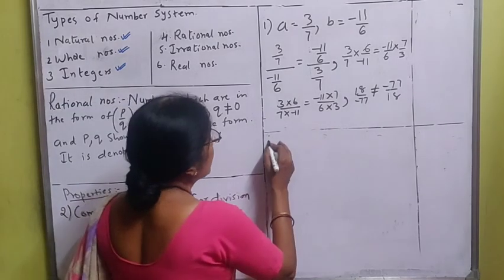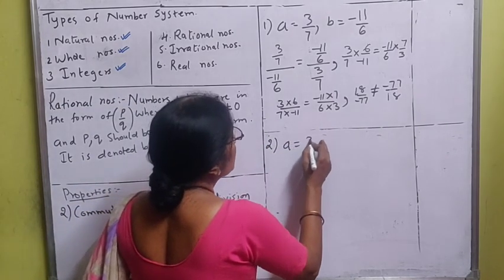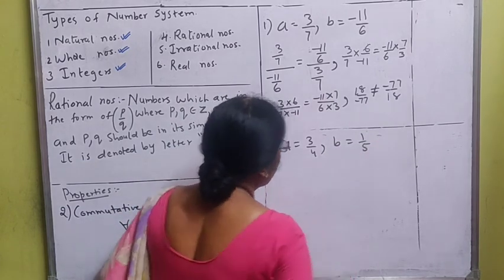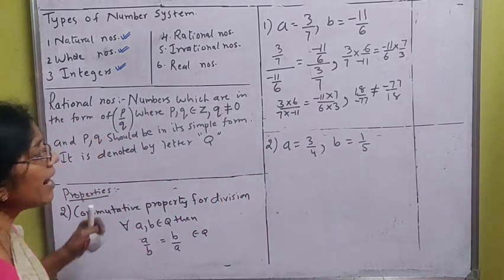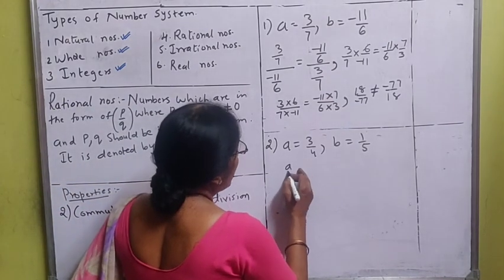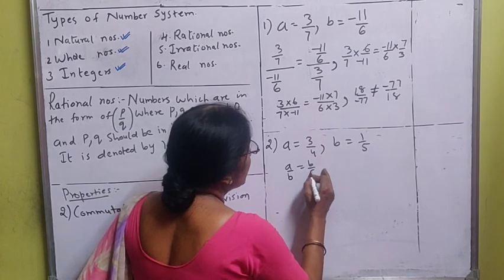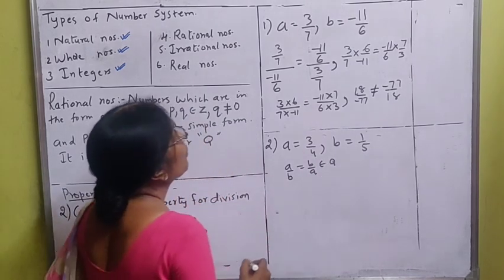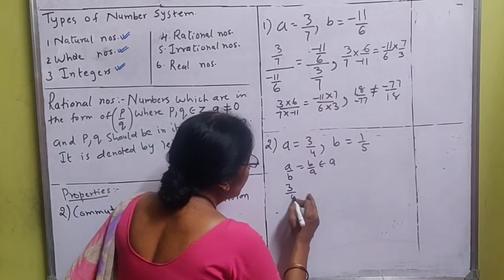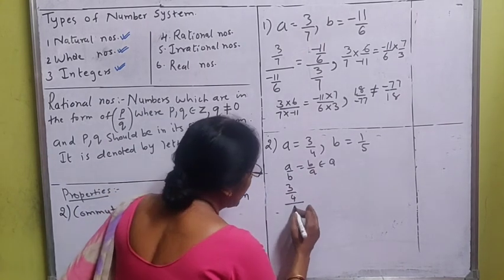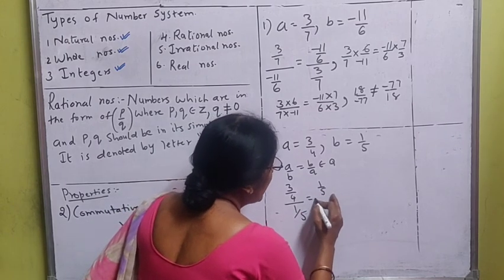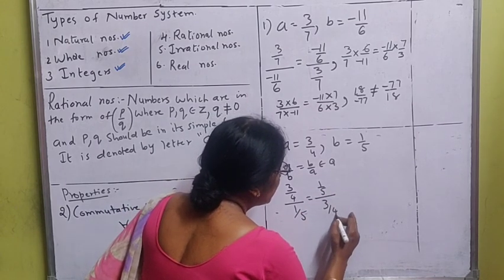Now let us take the second example. A is equal to 3 by 4, B is equal to 1 by 5. So what do we have to prove? A by B is equal to B by A, belongs to Q. So what is A by B over here? 3 by 4 whole divided by 1 by 5 is equal to 1 by 5 whole divided by 3 by 4.